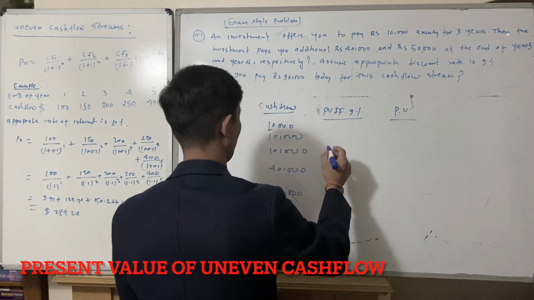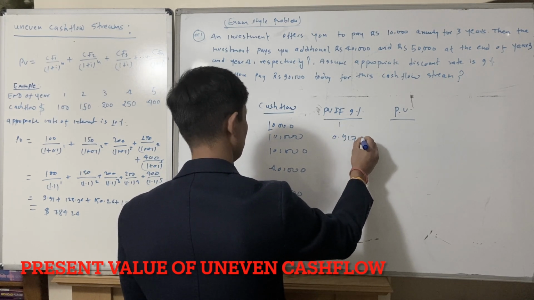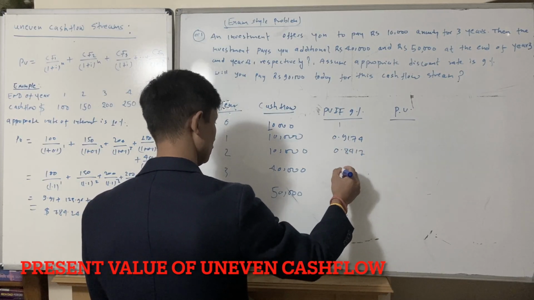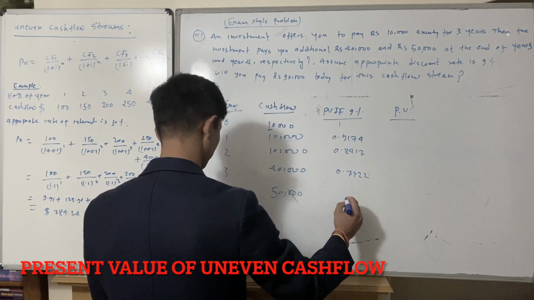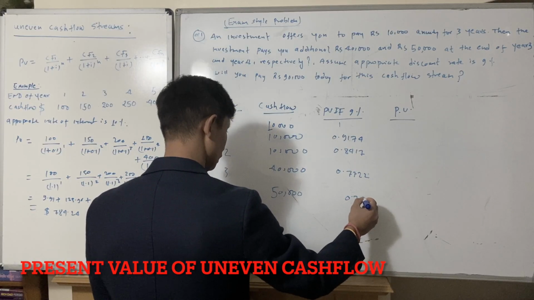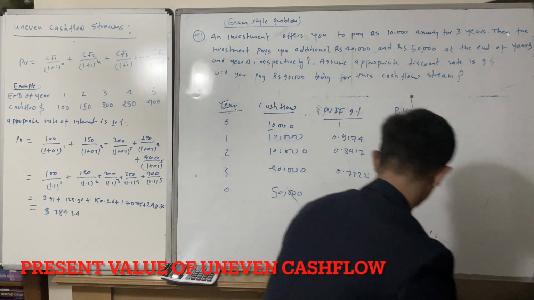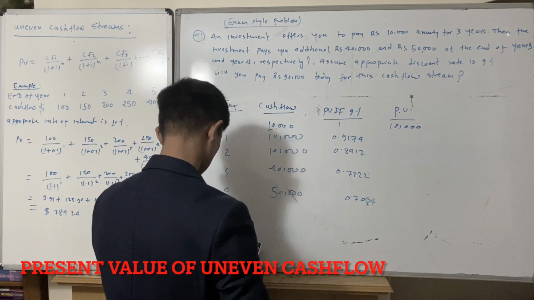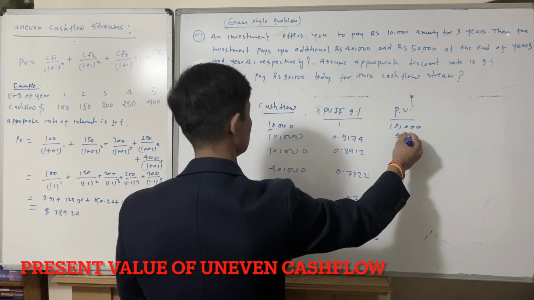So we get 1, 0.9174, 0.8417, 0.7722, and for year 4 it's 0.7084. 10,000 multiplied by 1 is obviously 10,000. 10,000 multiplied by 0.9174 is 9,174.